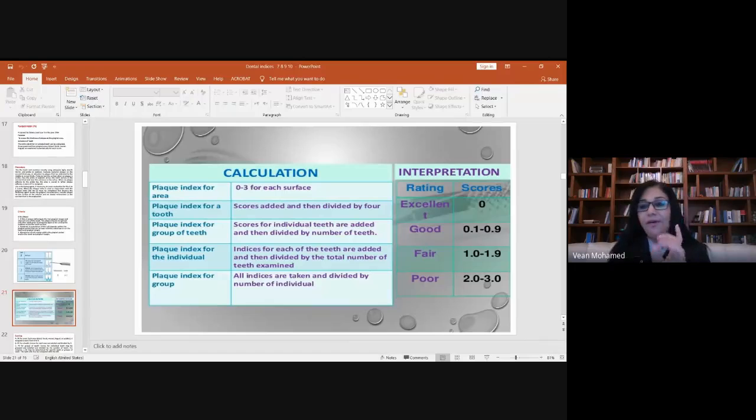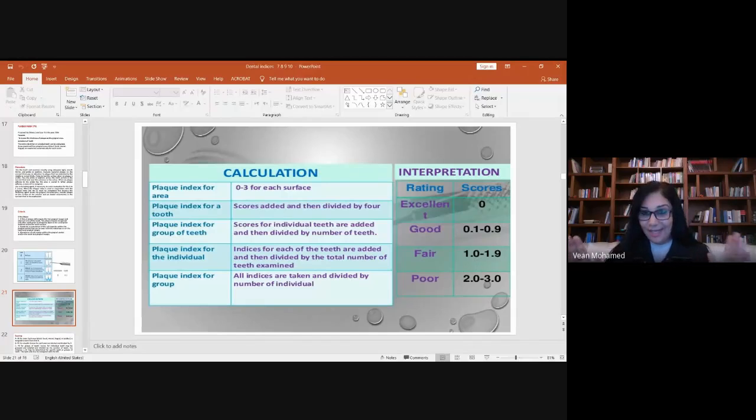For example, if the score of your examination is 0.1, you will take 0.1 in your hand. Your friend has 0.2. Others have, for example, 2 or 3. The plaque index for your group is the summation of your numbers divided by the number in your group.